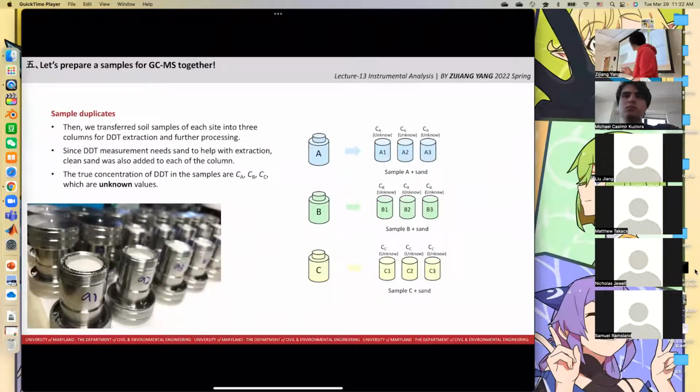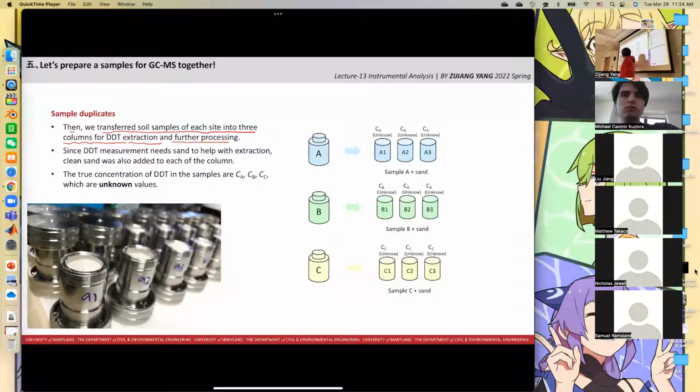And then we are preparing for a sample duplicate. We transfer the soil sample of each site into 3 columns for DDT extraction and further analysis. Suppose in this experiment, we need to extract the DDT from the soil, and during this process, we use a column like this.